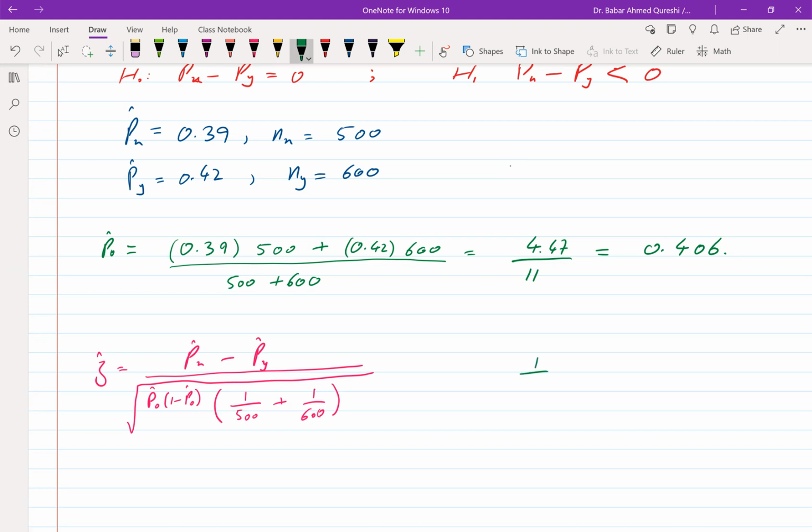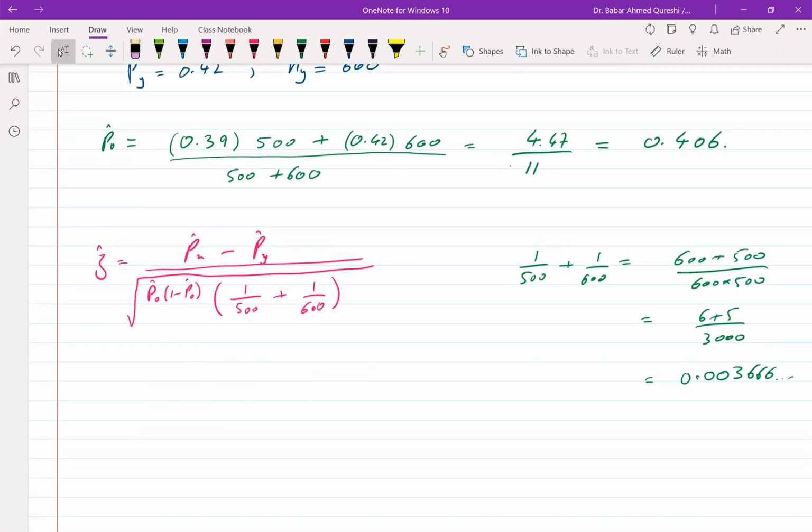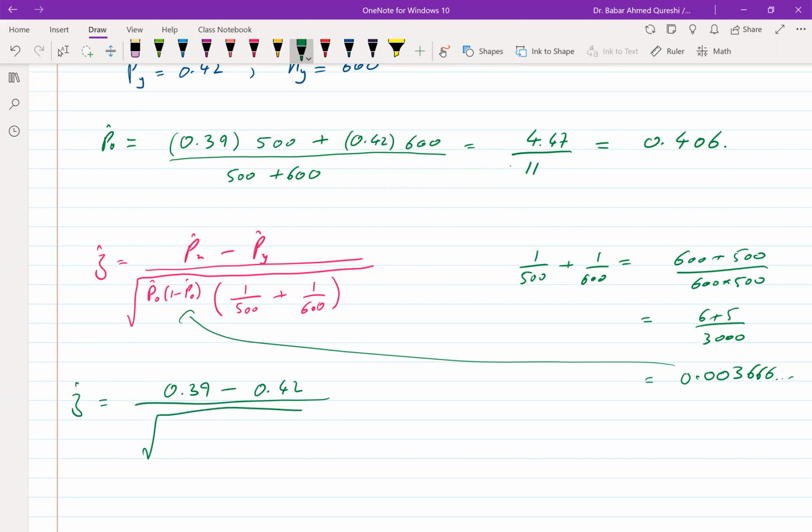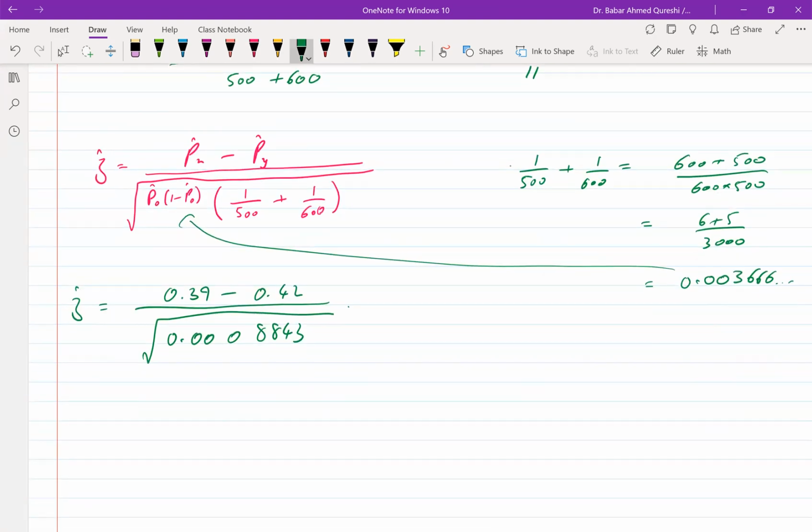Now this number, if I compute, this gives me 6 plus 5 over 3000, 3666. And when I multiply it with this number, I get 0.00088843. And when I do the numbers upstairs, I have minus 0.03, and over here I have 0.0297. So I get minus 1.008.